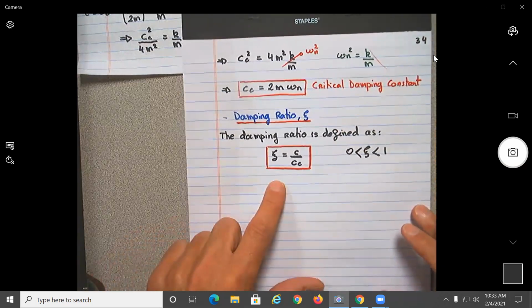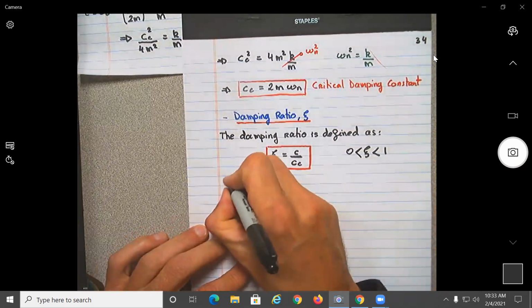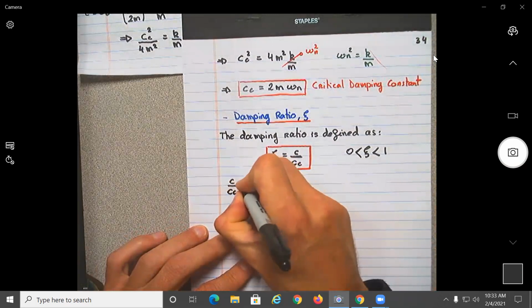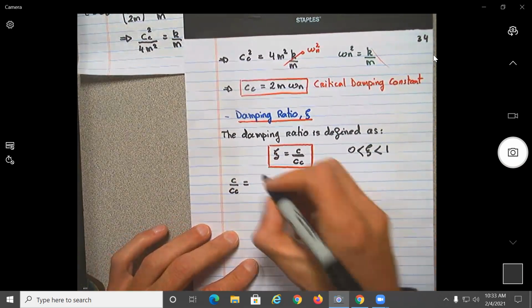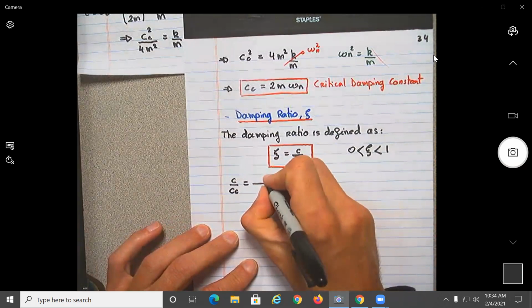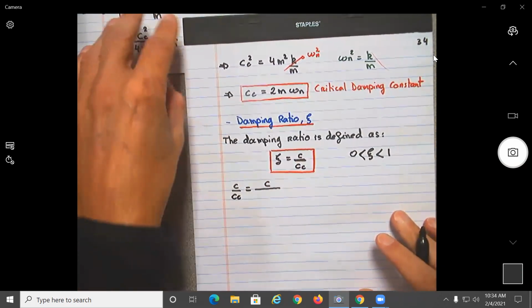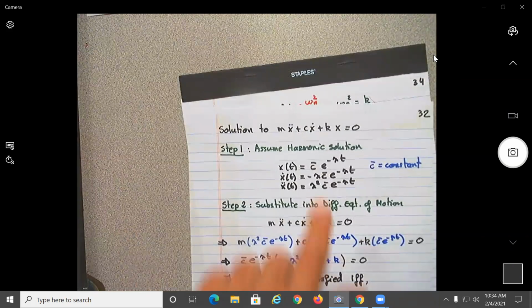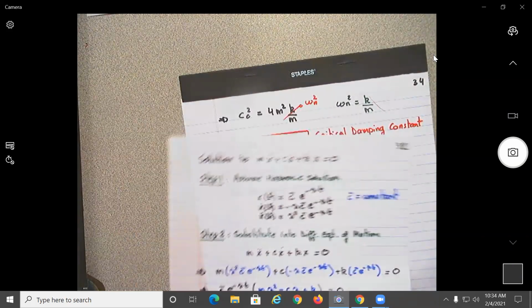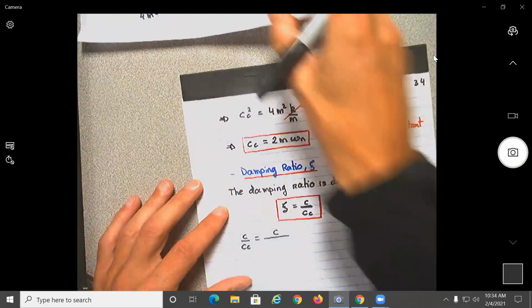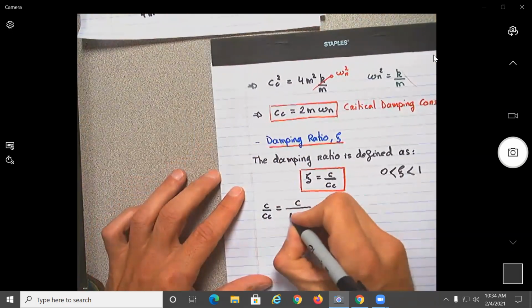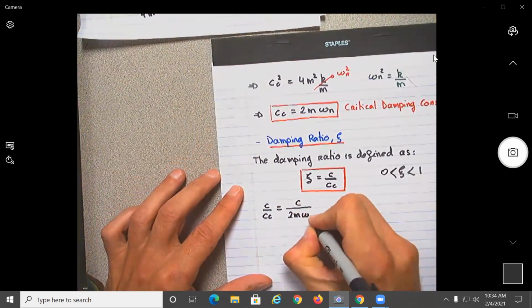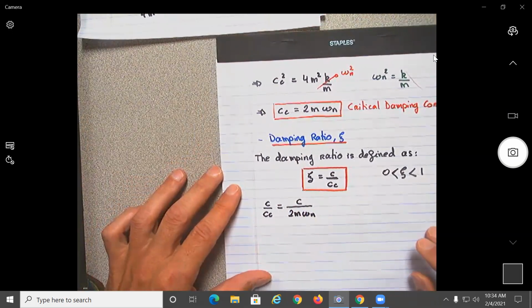Okay, so with that notation, we have that C over C sub C will be equal to what? To C, which is the one given in the initial equation, this one over here. This is the C. And the critical damping we just derived, dividing over here, will be 2m omega sub n.